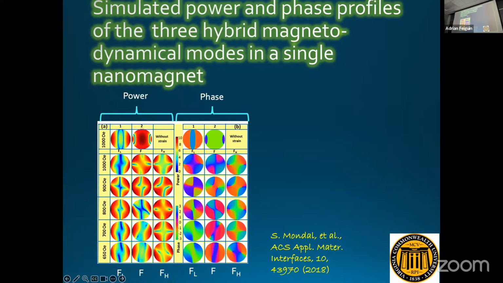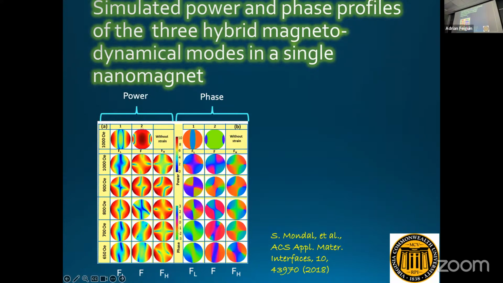In most cases, these modes are edge modes, meaning the power is concentrated at the edge. Unfortunately I forgot to put the color bar here. Red is high power and blue is low power. So the power is concentrated at the edges.